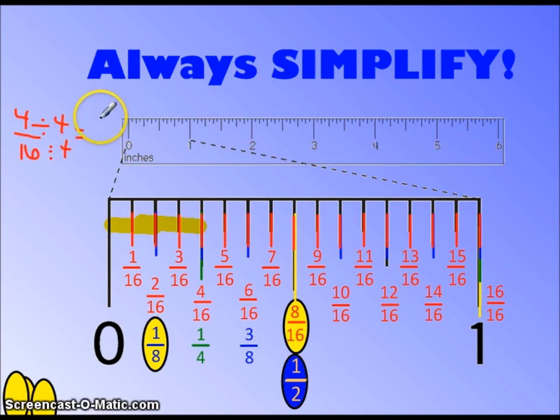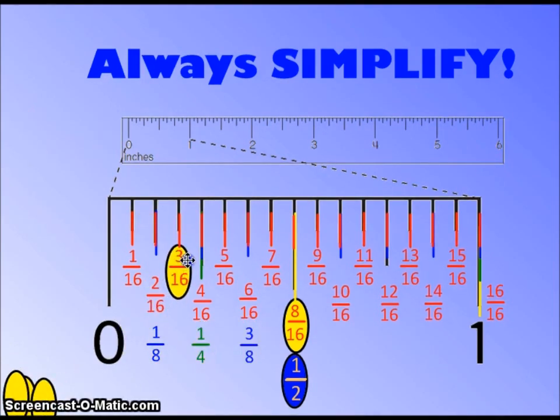So our answer would be 4 divided by 4 is 1, 16 divided by 4 is 4, or 1/4 of an inch. 6/16 would be simplified to 3/8, and so forth.